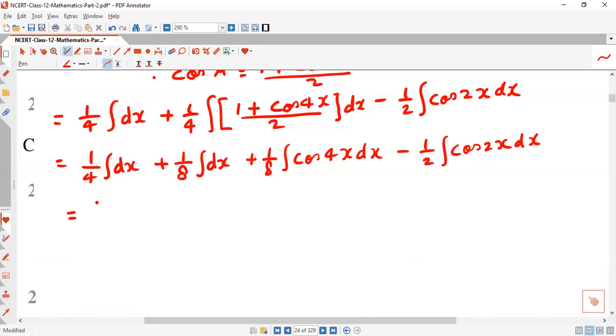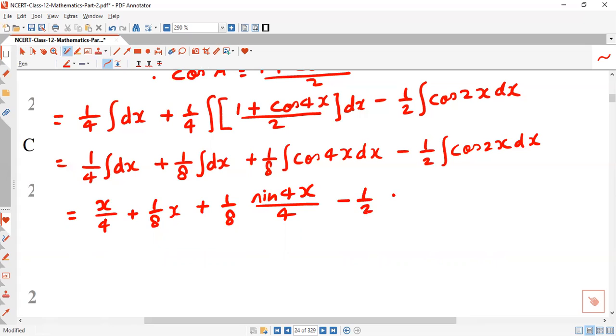Integration we are taking here: x by 4 plus 1 by 8 x plus 1 by 8 sine 4x upon 4 minus 1 by 2 sine 2x upon 2 plus some constant c.